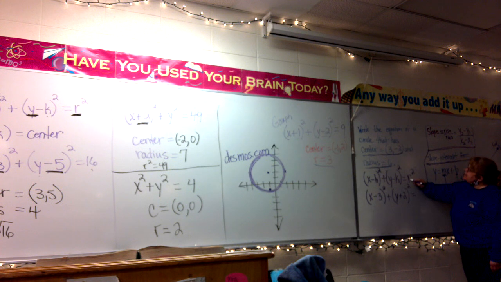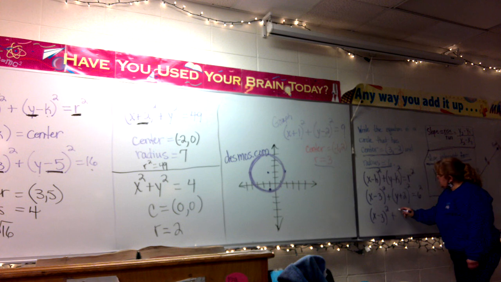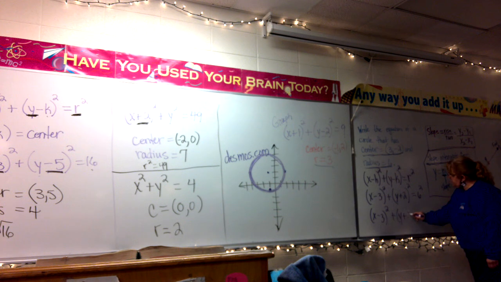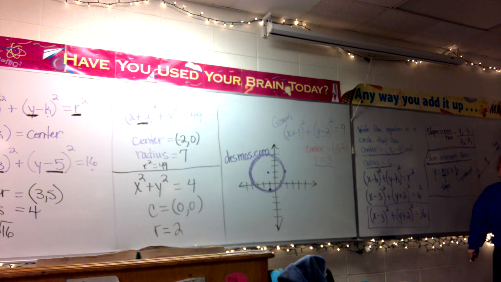And over here is the radius squared. I would prefer if you actually squared that. What is 6 squared? 36. So I would like you to put 36 in there. And there's your equation. So there's not going to be a whole lot of work to show for you.